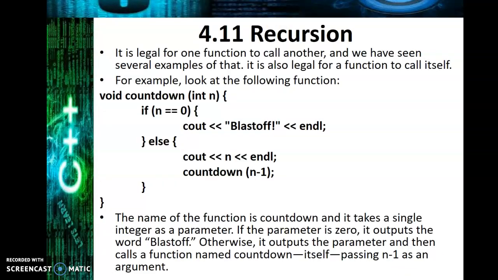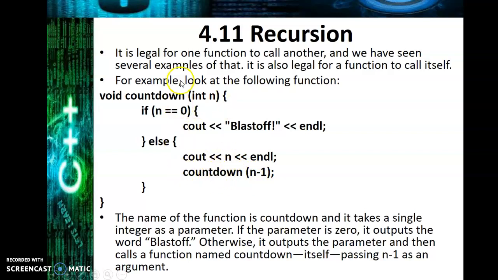Okay, I want to talk about recursion. Recursion is just a method calling itself over and over again. If you notice here, we have a function called countdown, and we're passing a value n in, and if n equals 0, we say blast off. Else, we output the number n, whatever was passed in, and we subtract 1 from it and call countdown again.